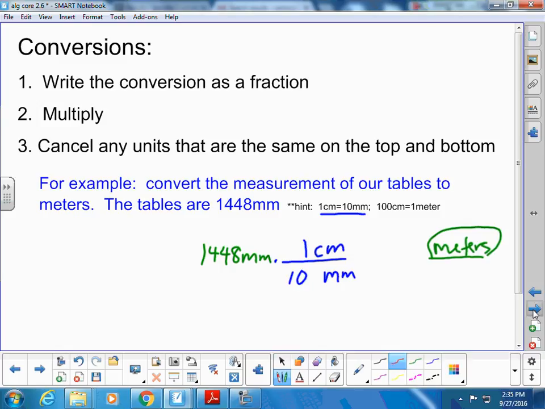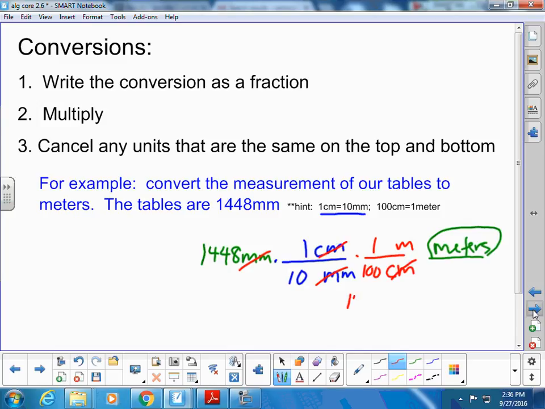And then millimeters and millimeters cancel. So now I'm in centimeters, but I need to get to meters. So I have to have centimeters down here and meters up here so I can cancel. And it looks like there's 100 centimeters in 1 meter. Centimeters cancel with centimeters.